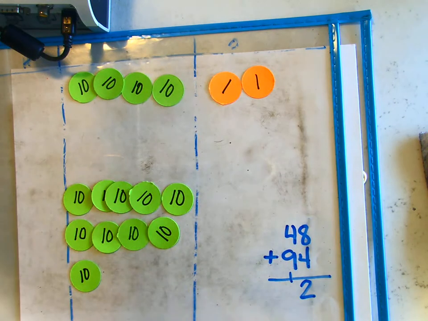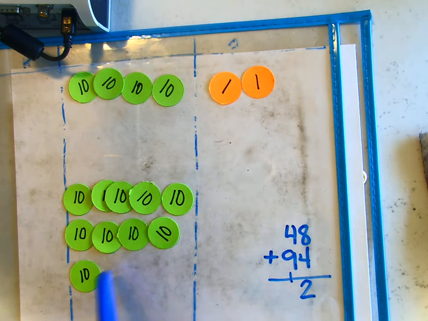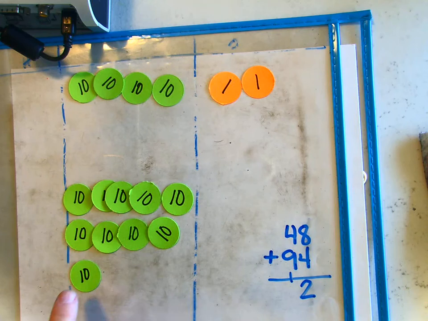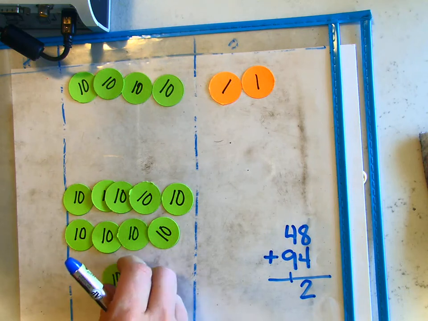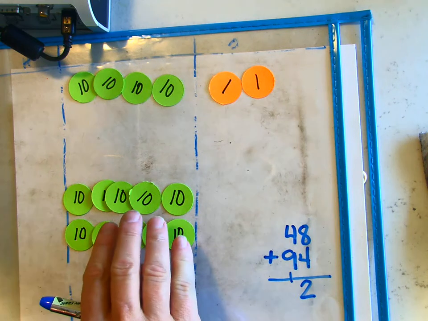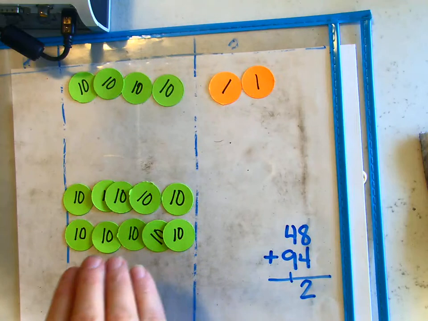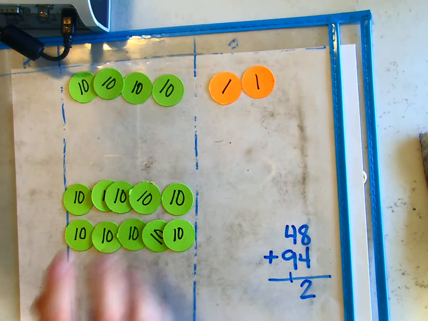Goodness, look at all those tens. We have 4 plus 9 plus 1. Well, I'm just going to add that 1 down there to the 9. And I have a group of 10 and 4 more. So there are 14 tens.